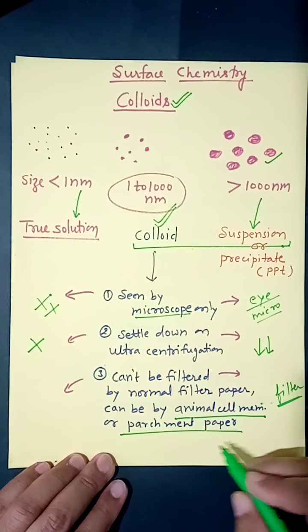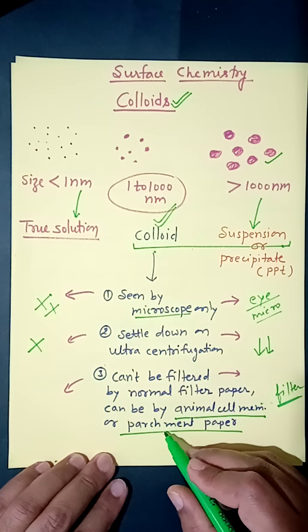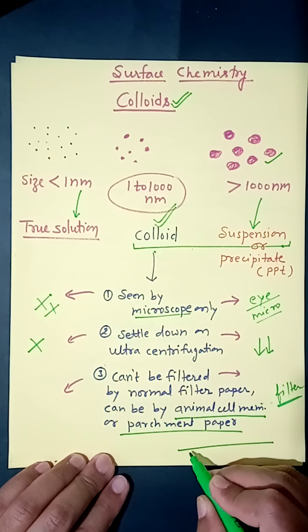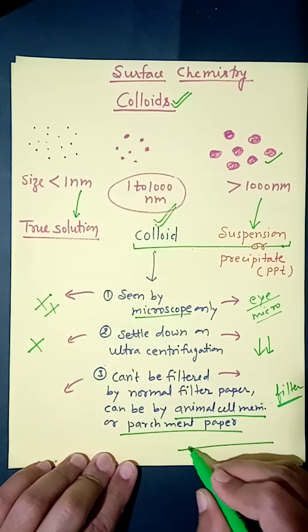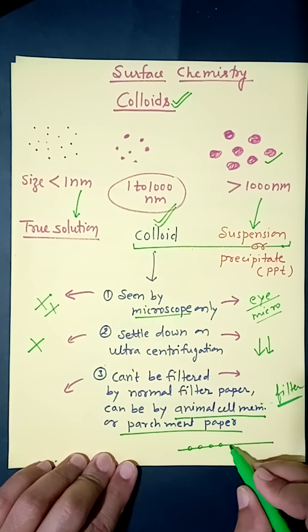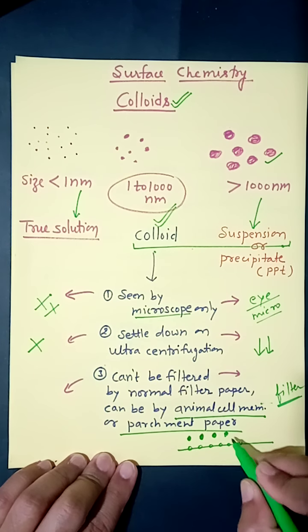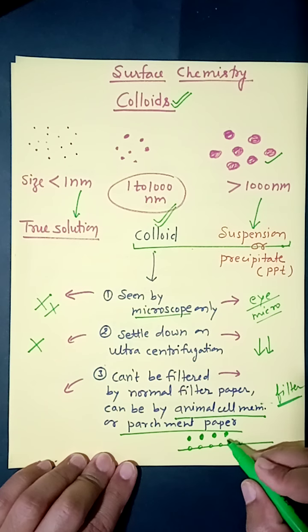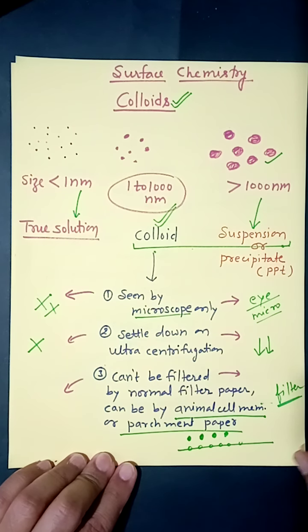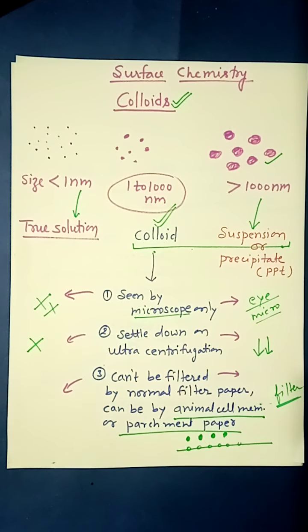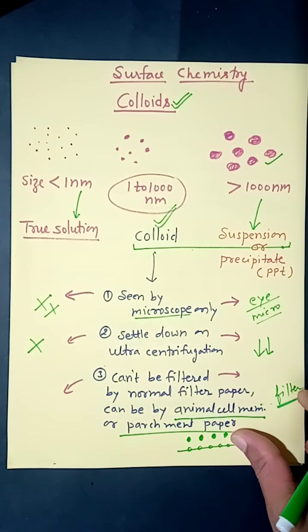The pore size in animal cell membrane, parchment paper, or cellophane membrane is smaller as compared to the size of colloidal particles, and therefore these particles cannot pass through the pores, and you can separate them with the help of these. So these are three basic differences between colloids, precipitate, and true solution, which you have already prepared in class 9th. Here it is a revision for you.